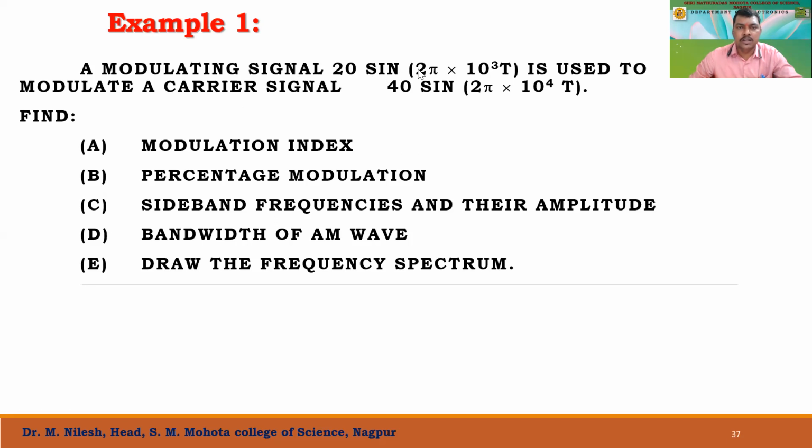So this is the modulating signal, and this is the carrier signal that we are having, and we need to find the modulation index, percentage modulation, sideband frequencies and their amplitudes, bandwidth of the AM wave, and we have to draw the frequency spectrum as well. So this is the question. If you want, you can take a snapshot of this.